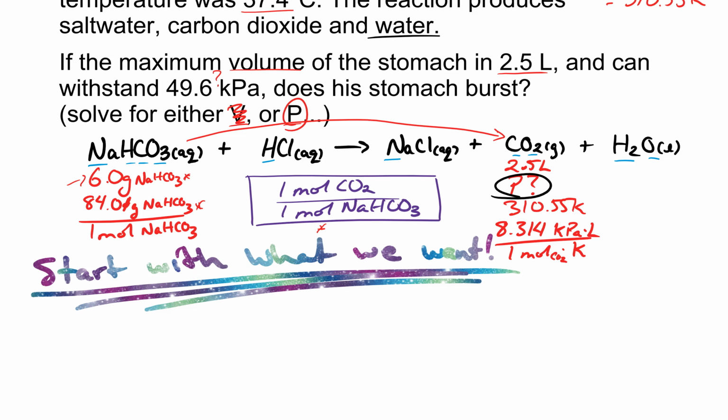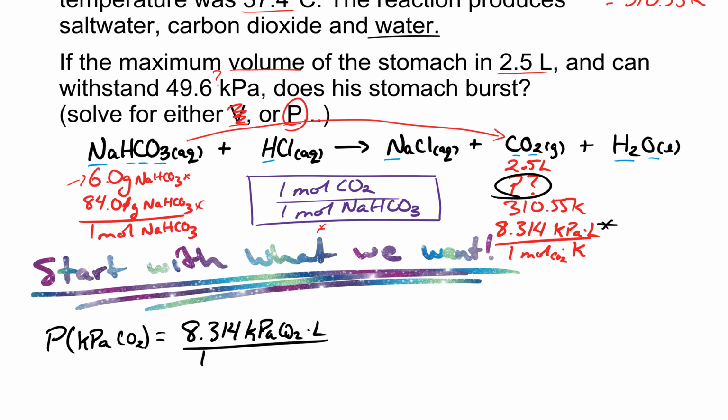We're looking for pressure in kilopascals of CO2. The only thing with pressure anywhere is my ideal gas constant. So that's the 8.314 kilopascals of CO2 times liters per 1 mole of CO2 Kelvin.